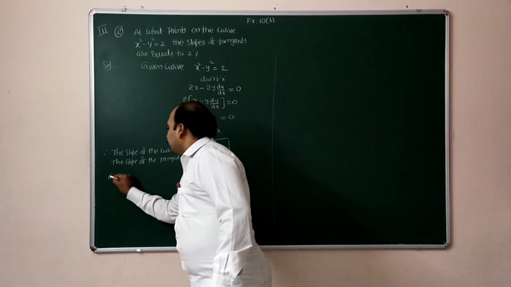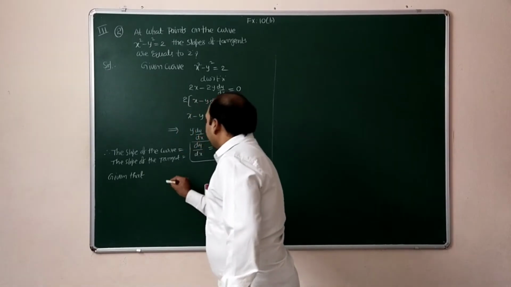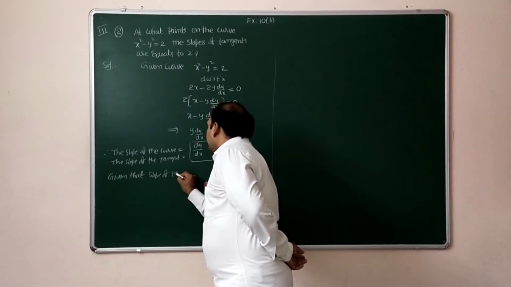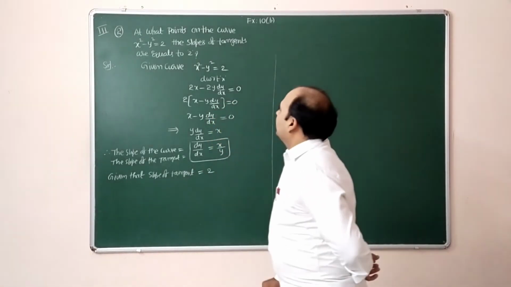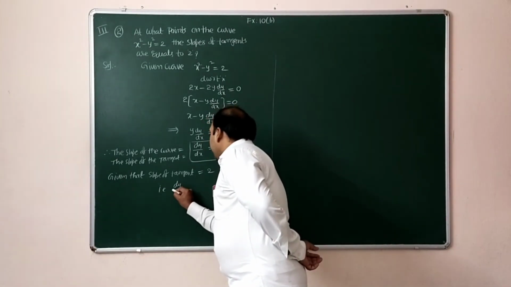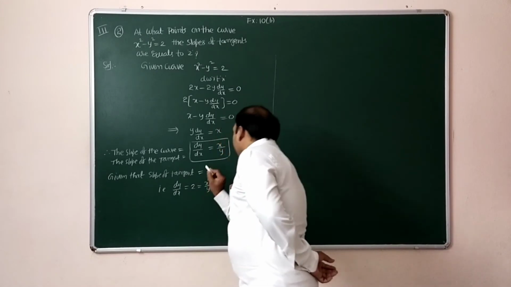Given that slope of tangents equal to 2, that is dy by dx is equal to 2, which is equal to x by y.